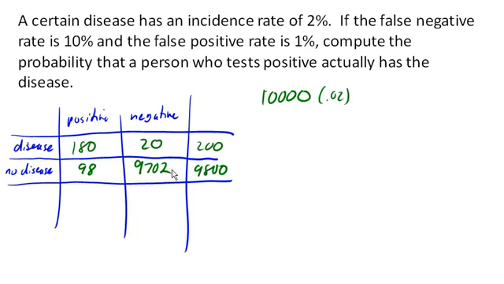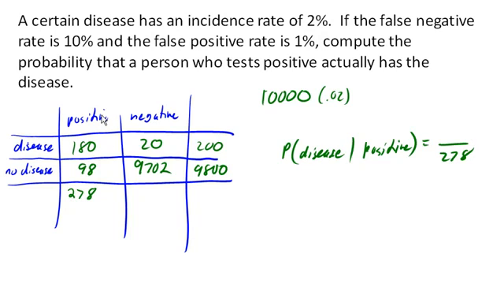So notice these here, these 98 people here, and these 20 people here are errors, right? So altogether, we have 278 people testing positive. So if we wanted to find out the probability that they have the disease, given that they test positive, then we have 278 people who tested positive.